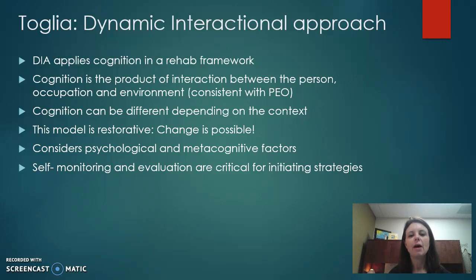And so we're thinking about cognition as it relates to all these pieces being different. So your cognitive ability to perform a given task really depends on the environment that you do it in, how familiar that context is, the amount of distraction that you have, or the amount of familiarity you have with a given task. So thinking about things like how to relearn an activity that you automatically did before.